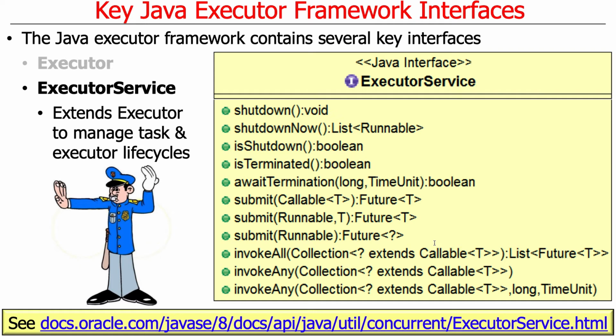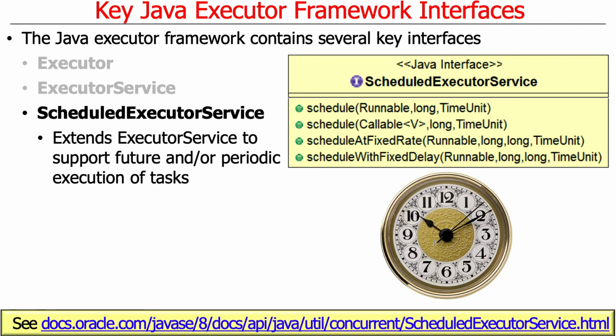And by the way, things like the fixed size thread pool and the cached thread pool are all examples of things that implement the Executor Service interface.